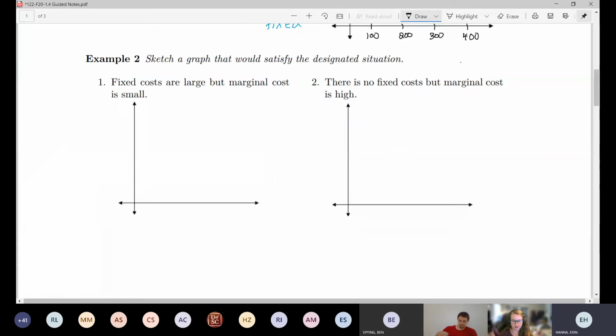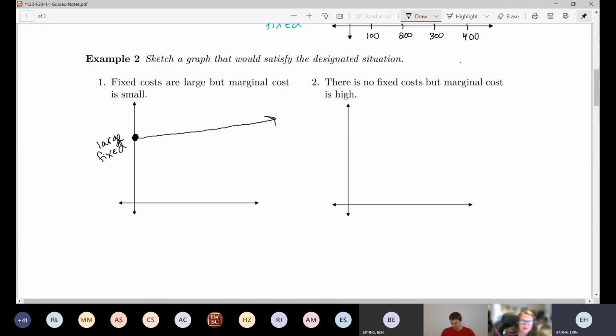Next example, sketch. Now we're really going to sketch. Sketch a graph that would satisfy the designated situation: fixed costs are large, but marginal cost is small. That's kind of what we were just looking at, a much larger fixed cost than marginal cost. That gave us something pretty high up on the y-axis, which would be the large fixed cost. But the small marginal cost means a very small slope, and the smaller the slope, the less steep the line, so I'm going to make that even less steep.